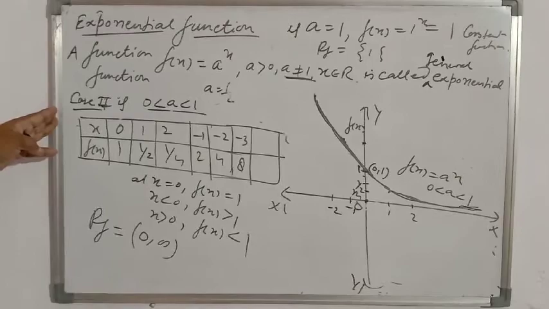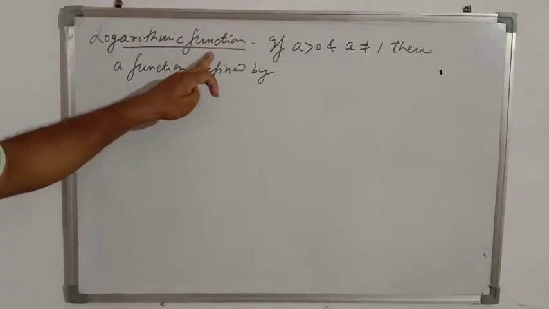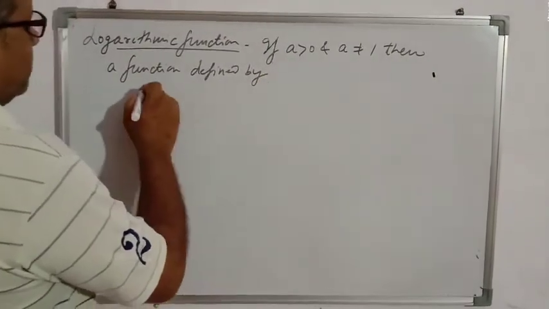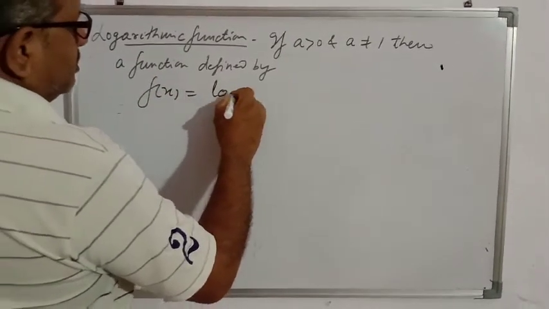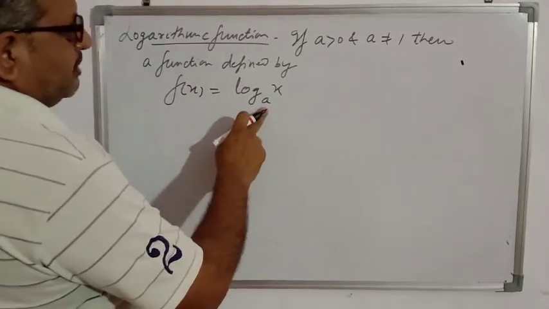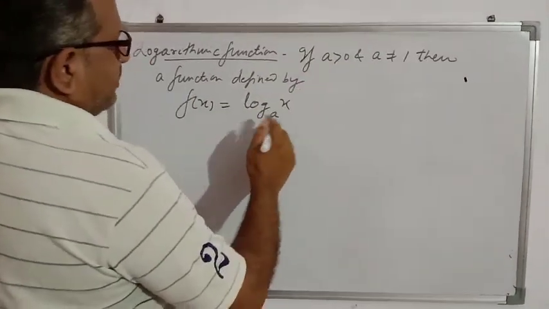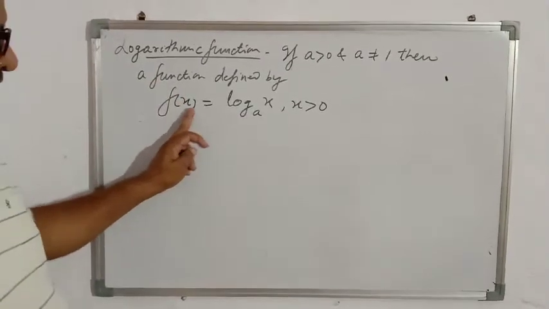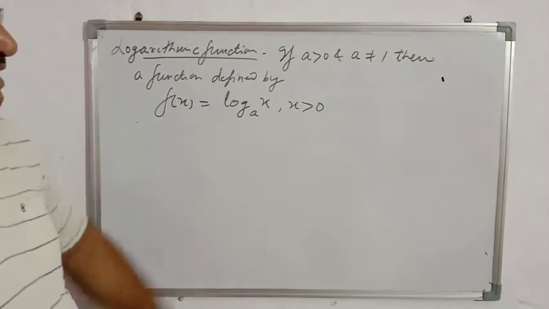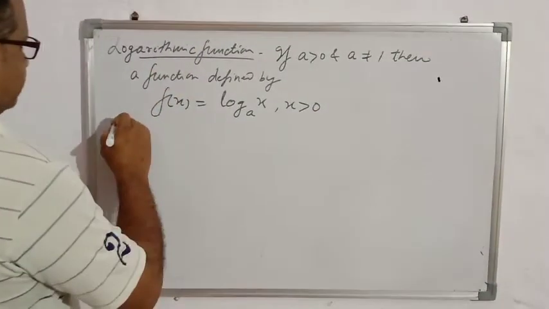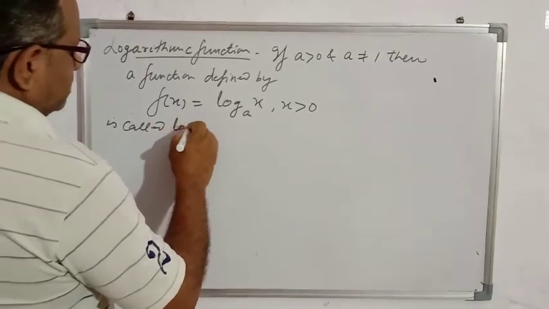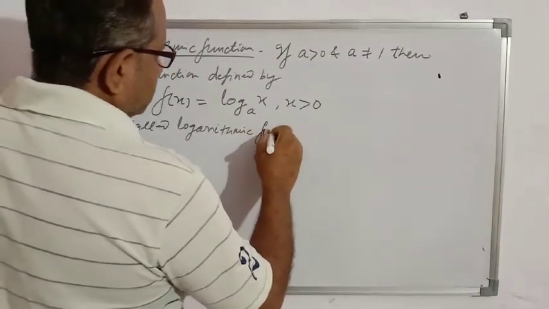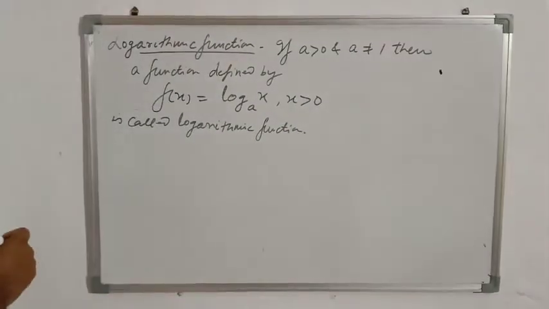Next function is the logarithmic function. For a logarithmic function, if a is greater than 0 and a is not equal to 1, then the function defined by f(x) = log x at the base a, where a is the base which is greater than 0 but not equal to 1, and x greater than 0, is called the logarithmic function.